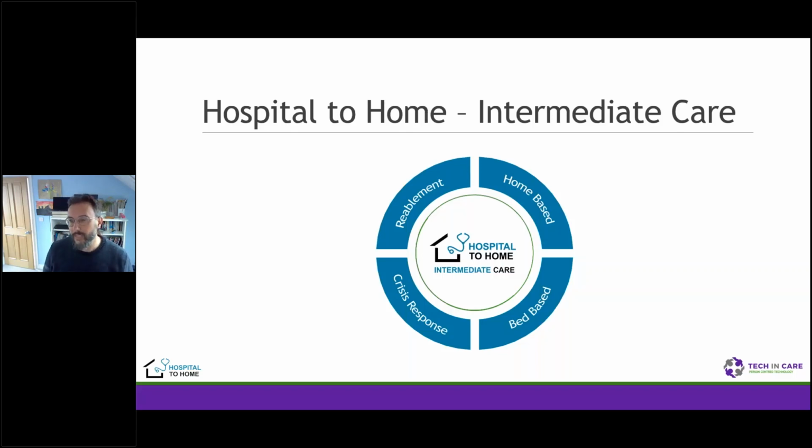And just as D2A was looking at getting people safely and securely out of hospitals back into the community, the IC module is looking at both step-up care, where hopefully we can prevent or at least delay admission into hospital, and the exchange of that information between the various agencies on the ground in community to enable that to happen, and also step down care, so that when people are discharged through D2A, they can then be transferred into the intermediate care module and be cared for through the community.